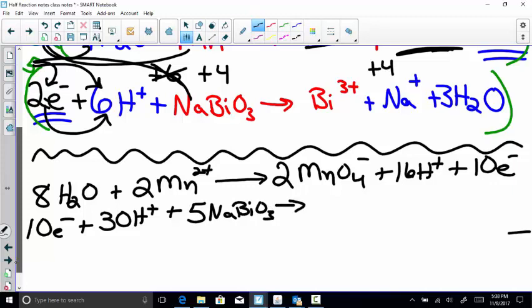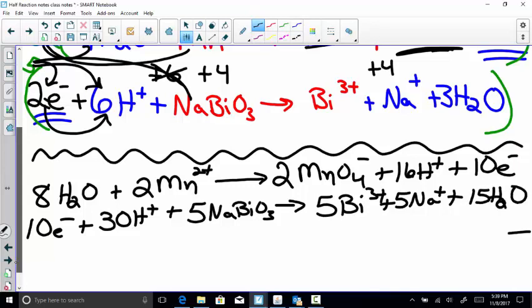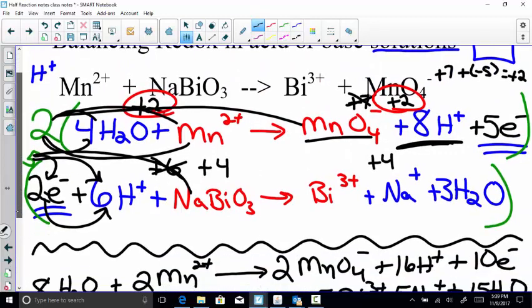That's going to yield 5 Bi3 plus, 5 Na plus, plus 15 H2O. And I still didn't make that a whole lot neater.